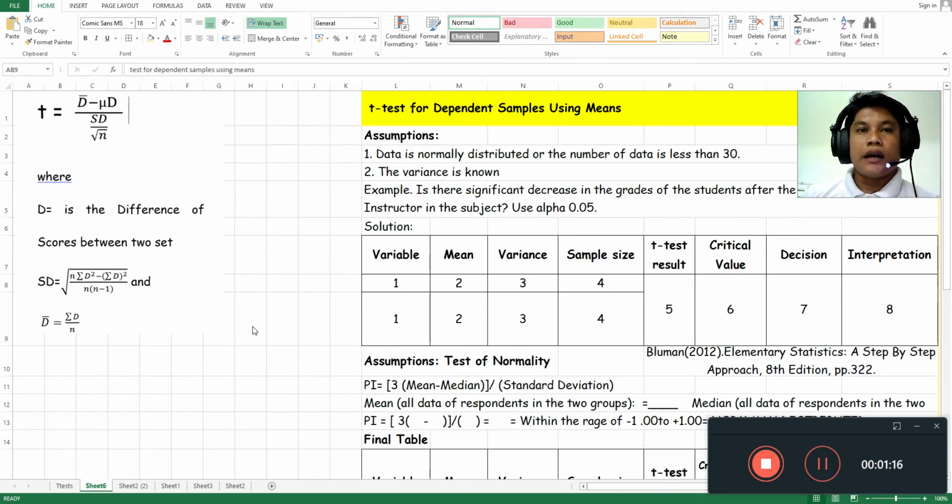teacher. However, also if we consider the data from the field of business, for instance, usually this happens before and after. Example, before the promotion strategy was implemented, how much was the sale, and then after the promotion strategy was implemented, how much then is the sale.